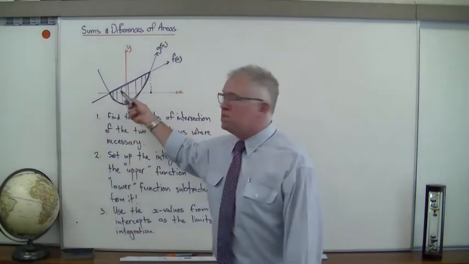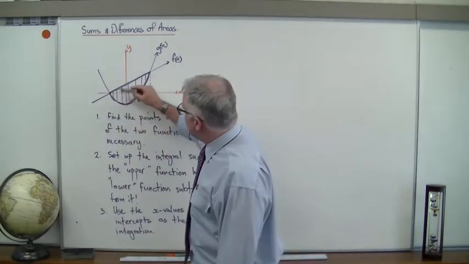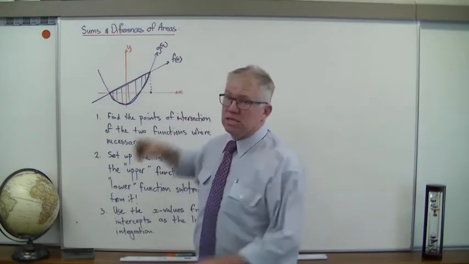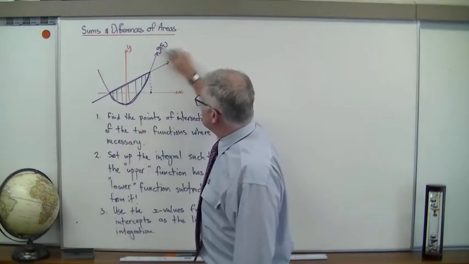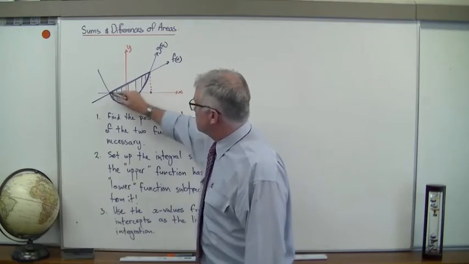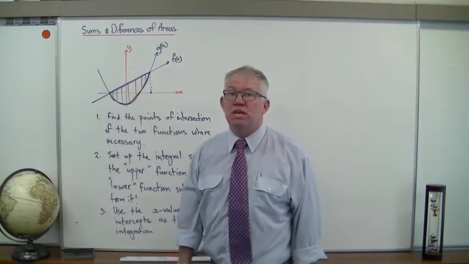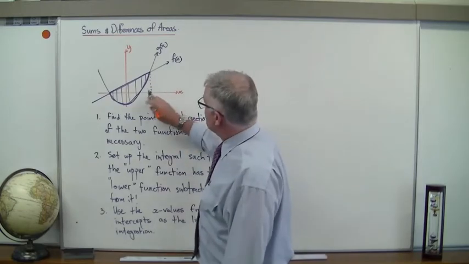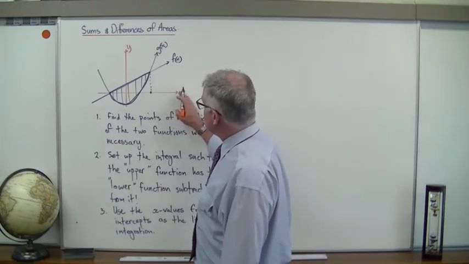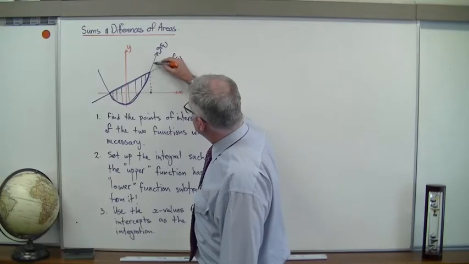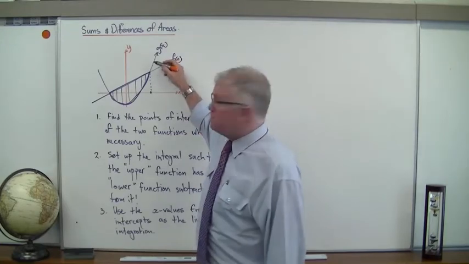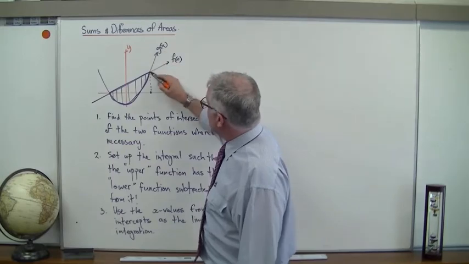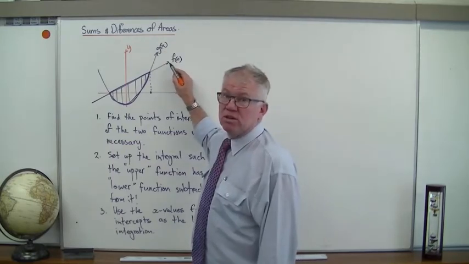Now clearly when you look at this one, if we're trying to find this area in here, then function f of x is the uppermost function, and function g of x for that domain is the lower function. If I happen to step outside of that, beyond here, then you would see that for a different domain, g of x over here would be the upper function and f of x would be the lower function.